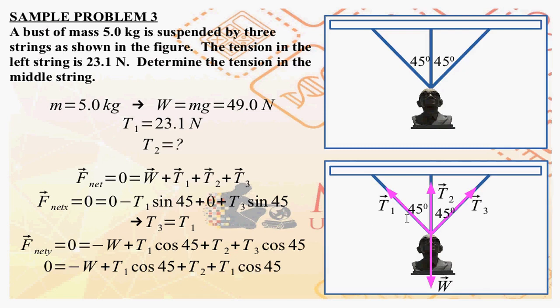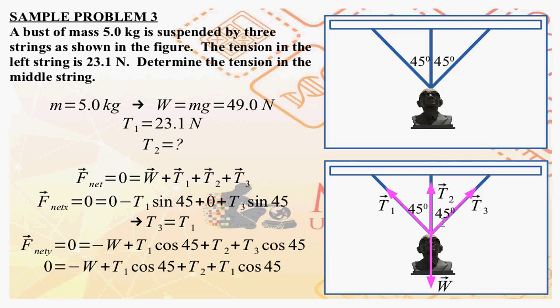T1 is diagonal, 45 degrees. The X component is in the negative direction, opposite of 45 degrees. So, negative direction, T1 sine 45 degrees. So again, use your SOHCAHTOA to divide the vectors into components.